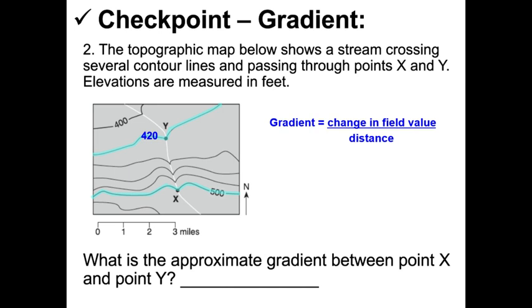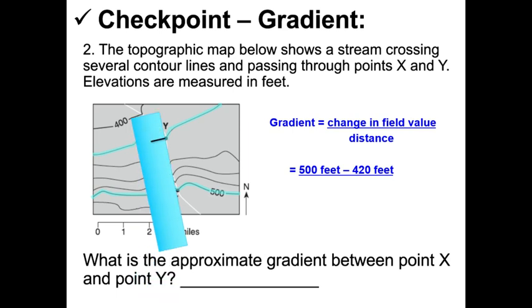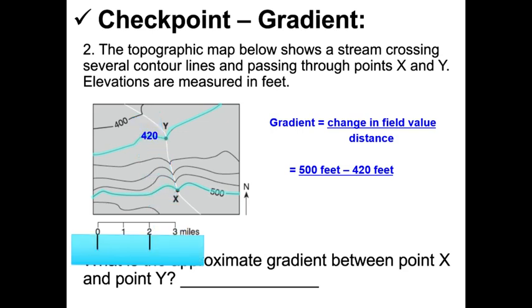So when we plug in the values for our field value, or our numerator, it's going to be 500 feet minus 420 feet. The next thing we're going to need to do is measure our distance. So we're going to mark X and Y because the river's pretty straight as it goes through. Okay, and we're going to use our scale on the bottom here to see that it's 2 miles.